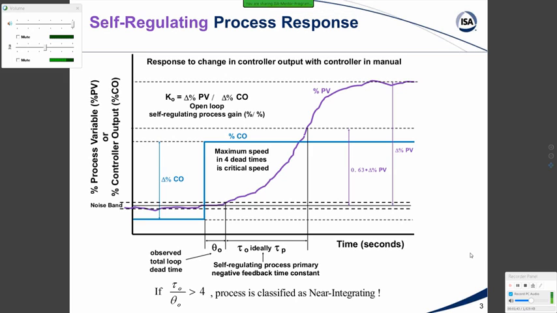The more interesting self-regulating loops that I find are actually near integrating, and these are typically for vessels, whether they're crystallizers or reactors or evaporators or neutralizers.